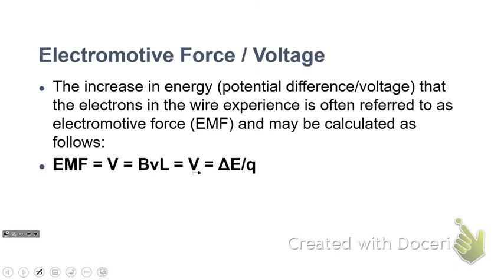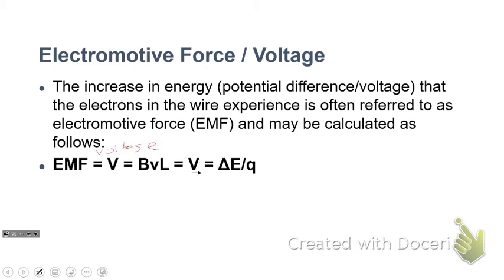So EMF, electromotive force, is equal to voltage, which is equal to BVL, which is magnetic field strength, times the length of the wire inside of the system, times the velocity of the moving wire, okay?